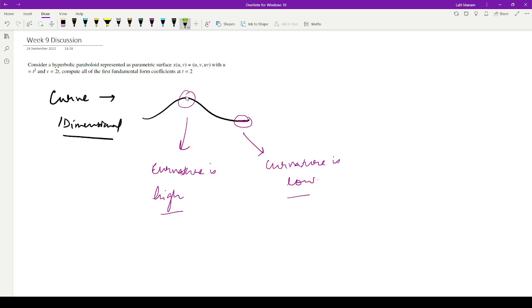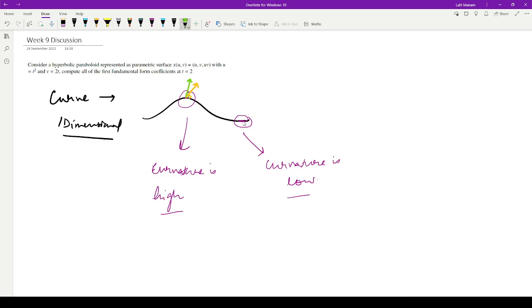So what is the normal here, for instance? Assume that this is the normal, although it doesn't look like it. At this specific point, if I draw a normal, it looks like this. And if I now slightly change the point, it might look like this, right? Normal to the point on the curve.